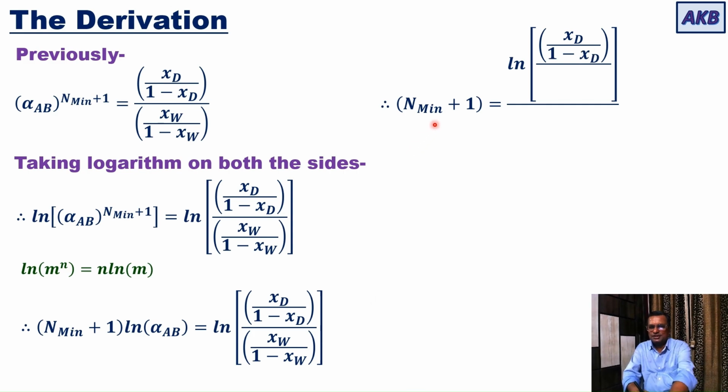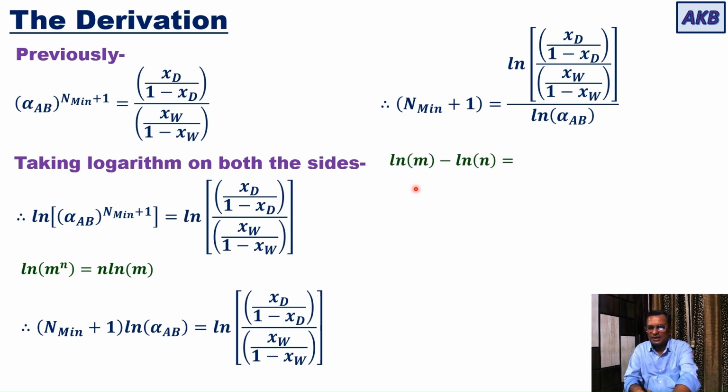If you rearrange it, then you can write the equation for n minimum. So n minimum plus 1 is equal to ln of xd upon 1 minus xd divided by xw upon 1 minus xw, divided by ln of alpha AB. Then again you can use a logarithmic identity where ln of m upon n is ln of m minus ln of n.